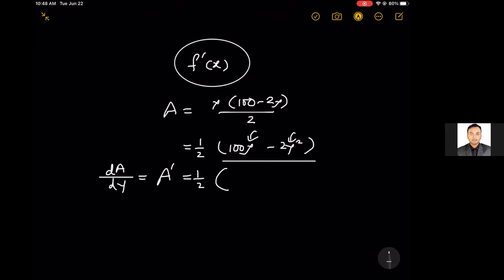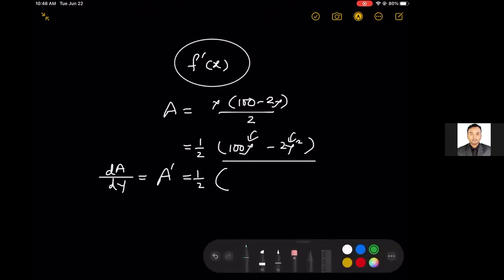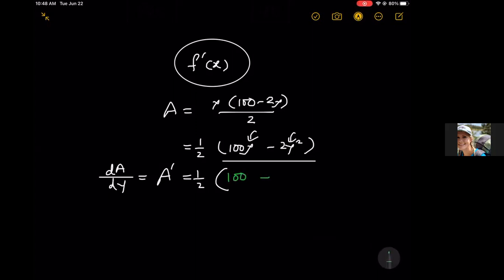Anyone? Again, this is the calculus part. 100, very good. And for 2y squared, someone else? 4y, very good. Because for y squared, we'll have a 2y, and here's another 2 multiplied to it, so it's 4y.